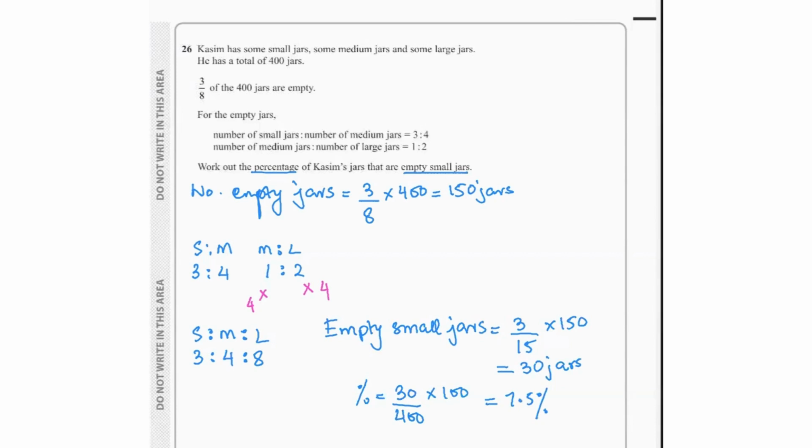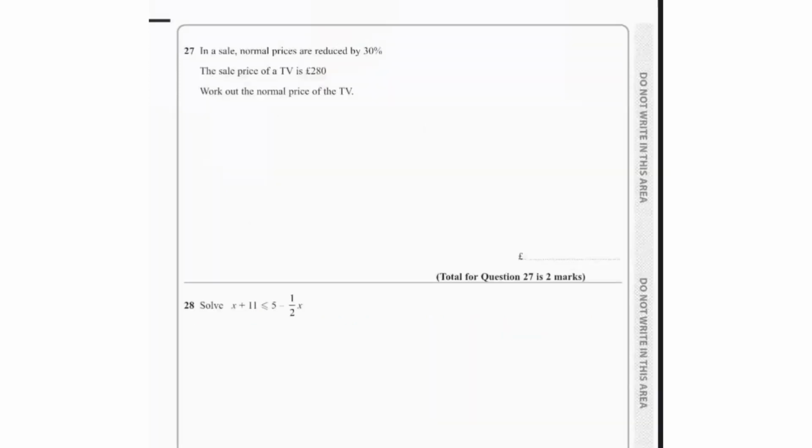That's your answer. Question 27 says, in a sale, normal prices are reduced by 30%. The sale price of a TV is £280. Work out the normal price of the TV. If the prices are reduced by 30%, the sale price represents 70% of the normal price.